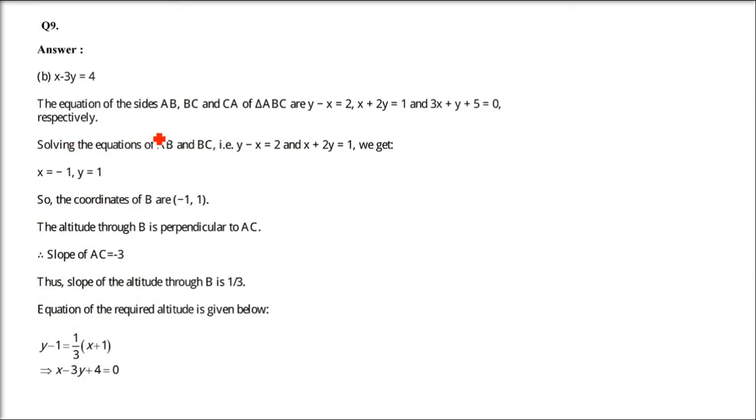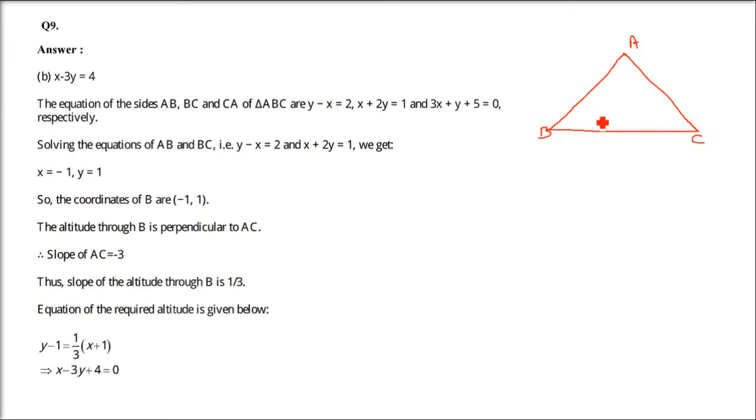So question number 9. The equations of the sides AB, BC, CA of triangle ABC are y minus x equals 2, x plus 2y equals 1, and 3x plus y plus 5 equals 0. The equation of the altitude through B is, so here is a triangle. We have done this question already.